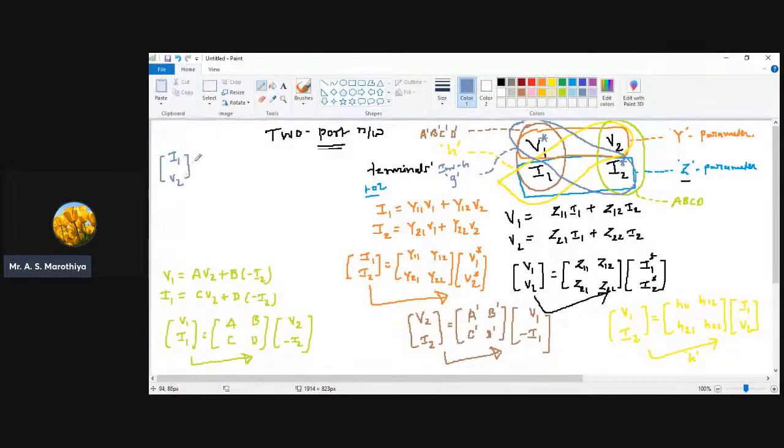This is going to be equal to inverse H, or you can take that as G: G11, G12, then G21, and here we need to take G22, and this is going to be equal to V1 followed by I2.